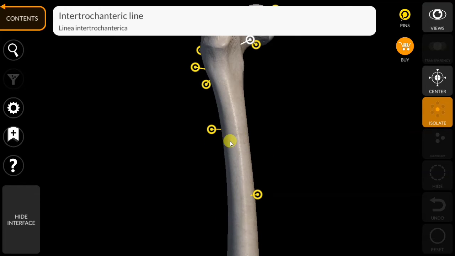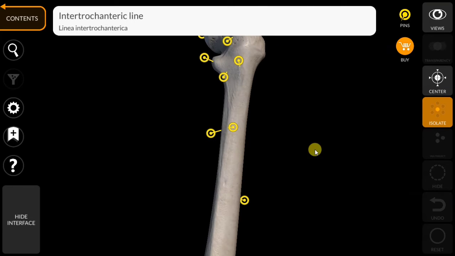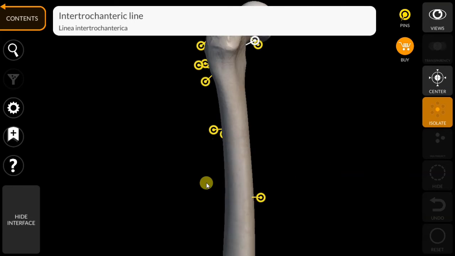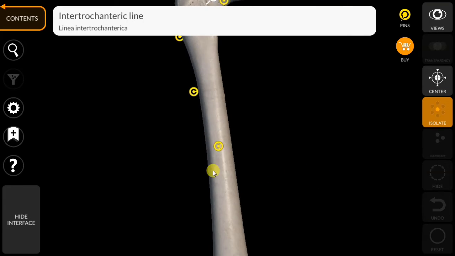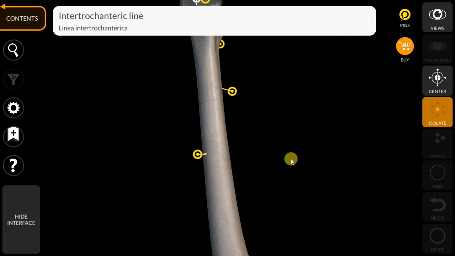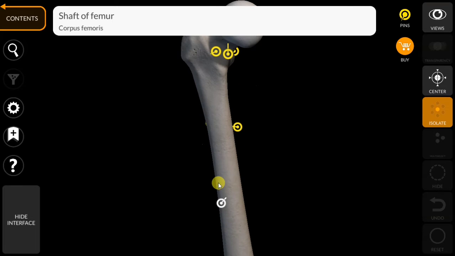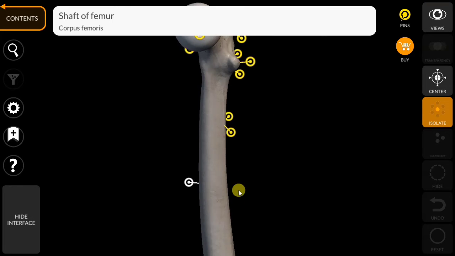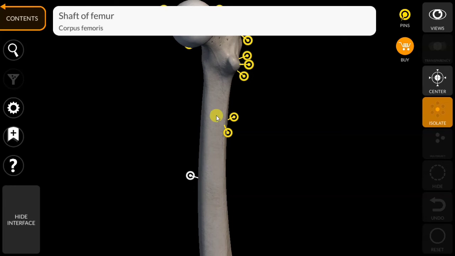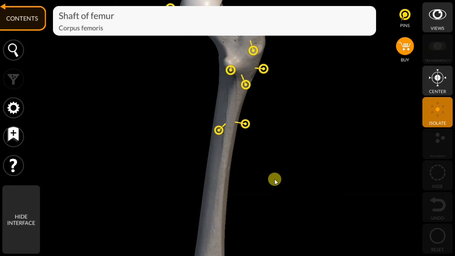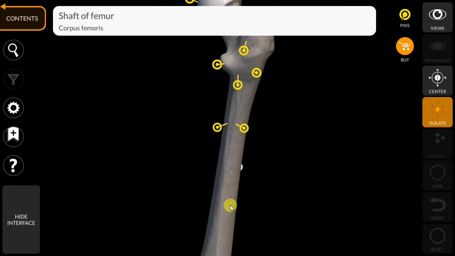Okay, now come to the body or shaft of the femur. First of all, it has three surfaces and three borders. The first one is the anterior border, the second is the posterior border, and the third one is the lateral border.